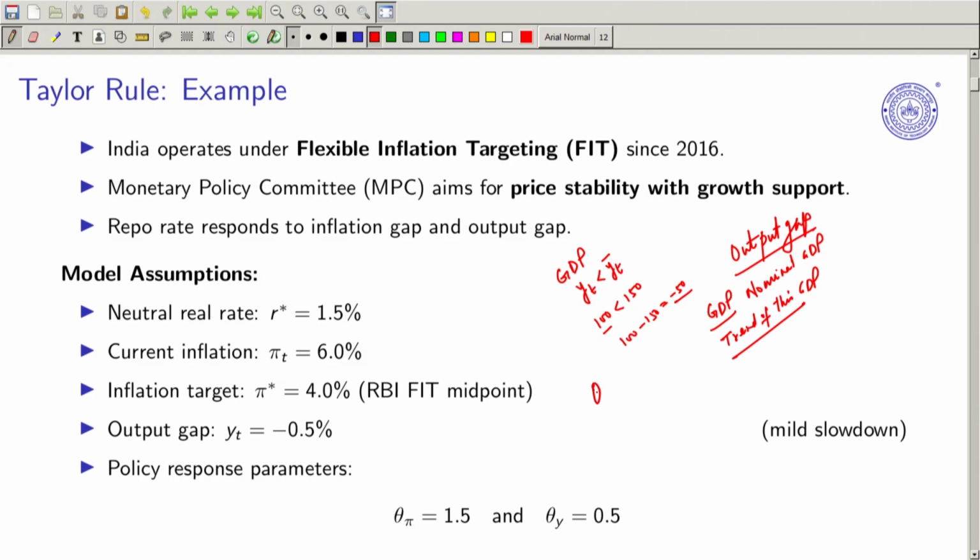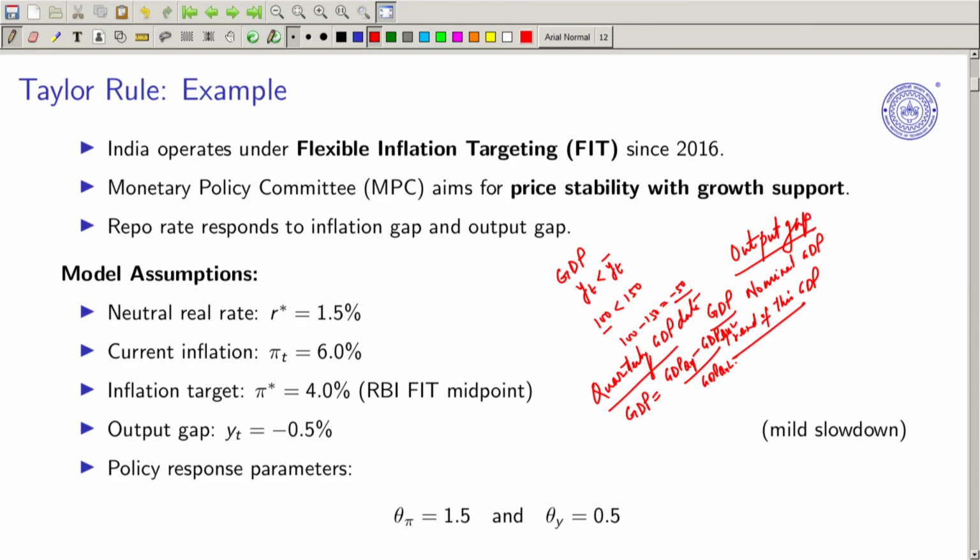If you have quarterly GDP data, then you can go for GDP of quarter 4 minus GDP of quarter 4 of last year, upon GDP of quarter 4 of last year, which means that you will be using 3 observations, and then you can calculate.